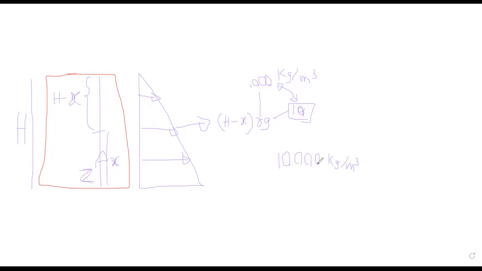How many newtons is this going to be? Rho is 1000, g is 10. To make it Newton, you have to divide it by 1000 kilograms per meter, right?